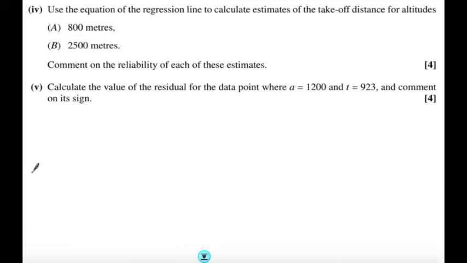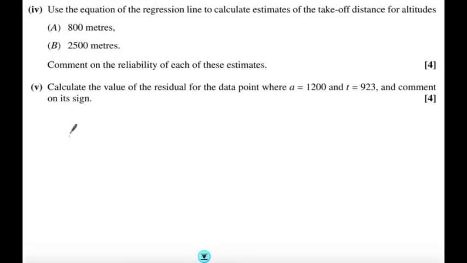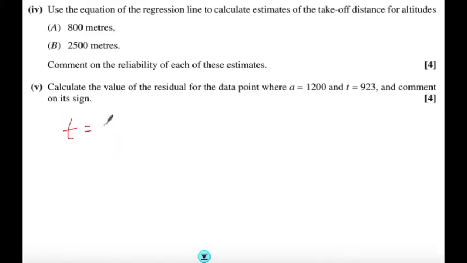Right, part 4, use the equation of regression line to calculate the estimates of the takeoff distances for altitudes 800 meters and 2,500 meters. I'm just going to borrow their line once they've times it all out. So their t equals 0.258a plus, was it 623?